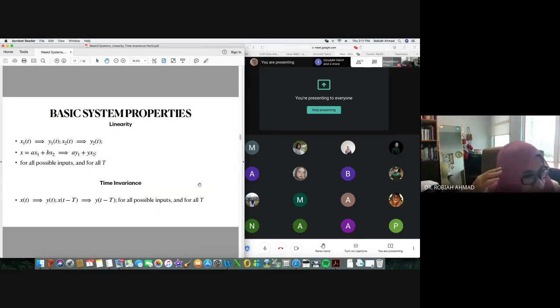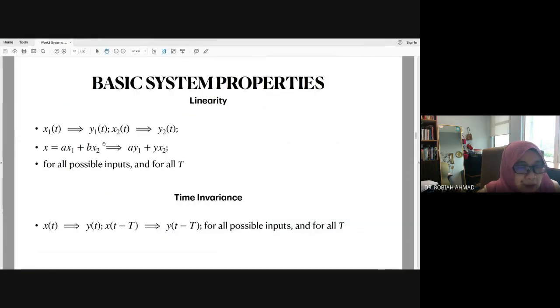Okay, these two properties are also important: linearity and time invariance. What does linearity mean? Linearity is like this.